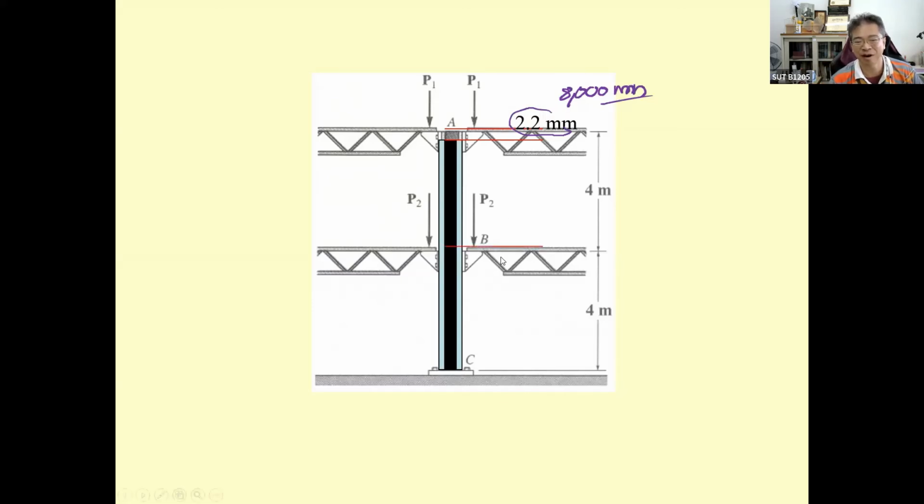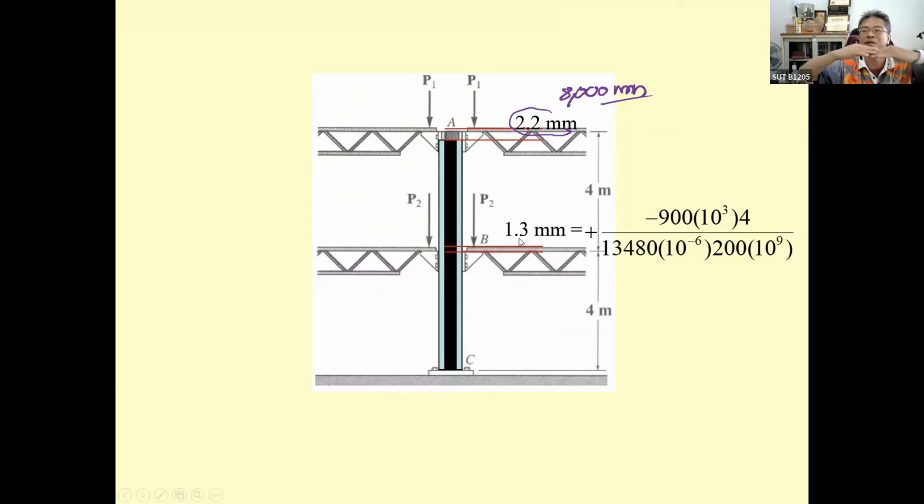And then for this portion, you may use the second equation. That's going to be 1.3 millimeter. So the first 4 meter column shortened by 1.3 millimeter, another one 2.2 again. That is going to be very small, always very small if you compute the deformation. If you release the forces P1 and P2, the column will return to 8,000 millimeter.